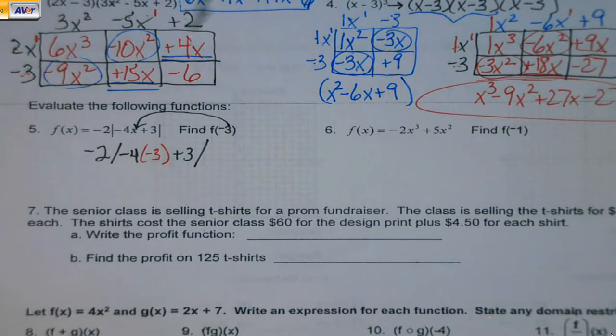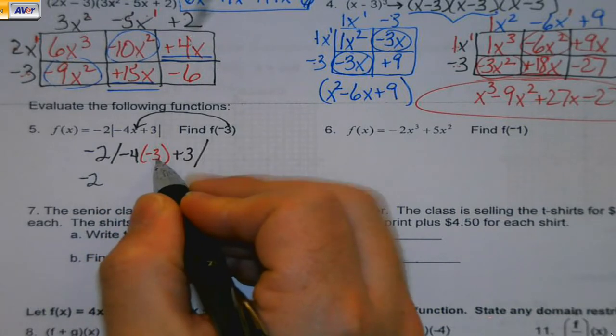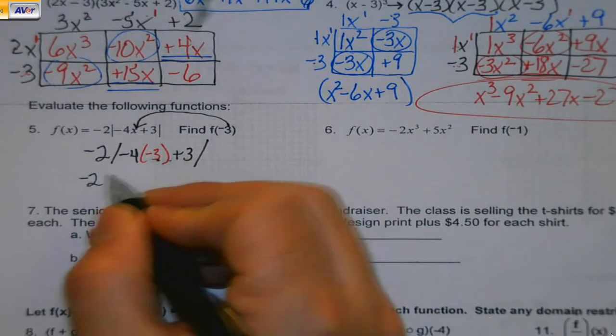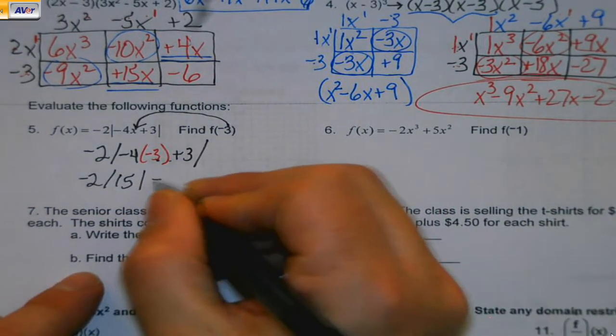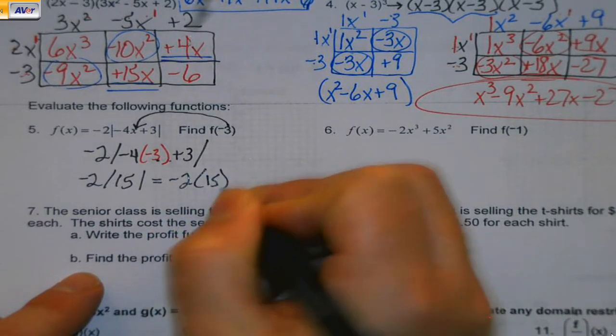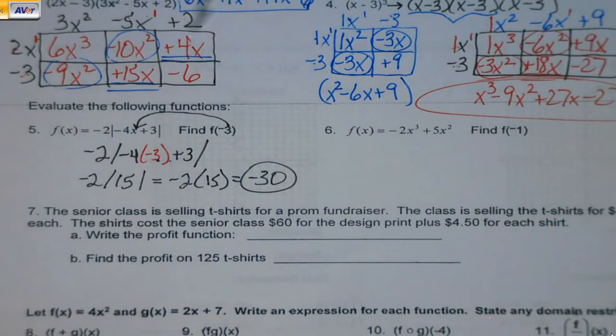Now, really, I would hope the only thing that could possibly get you in a bind here, which it's not going to in this case, because negative 4 times negative 3 is positive 12, plus 3 is positive 15, and we know whenever you have an absolute value, like we do here, that the value inside comes out positive. Well, it's already positive, which is a good thing. So negative 2 times 15 is negative 30. Because the negative 2 is outside, it doesn't get to change signs. And I get my solution with that.